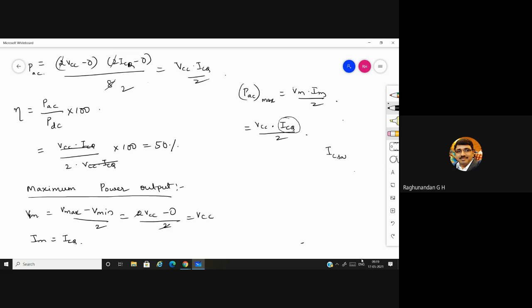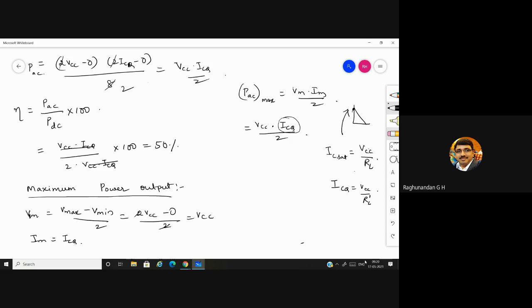See, for the DC load line, for IC saturation we have the point VCC by RL, right? For this particular point on the DC load line, we write VCC by RL. If IC saturation is VCC by RL, then ICQ will be VCC by RL dash, because ICQ deals with the DC current. Q means operating point, and the operating point is always based on the DC supply.